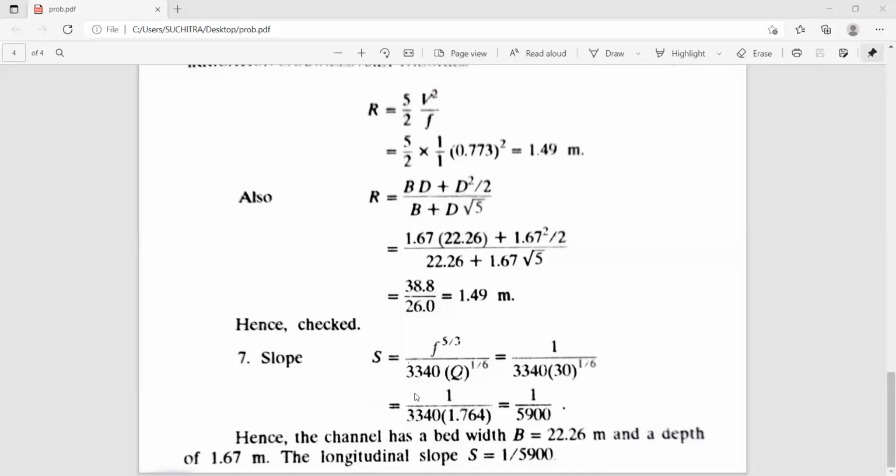Thereby we will get the longitudinal bed slope of the channel as 1 by 5900. That is, for every 5900 meter, you have 1 meter fall. So hence the channel has a bed width of 22.6 and a depth of 1.6 meter, and the longitudinal bed slope as 1 by 5900.